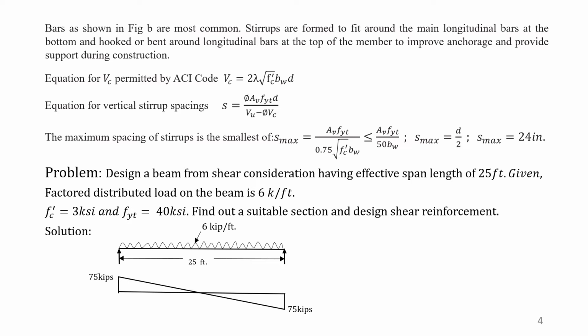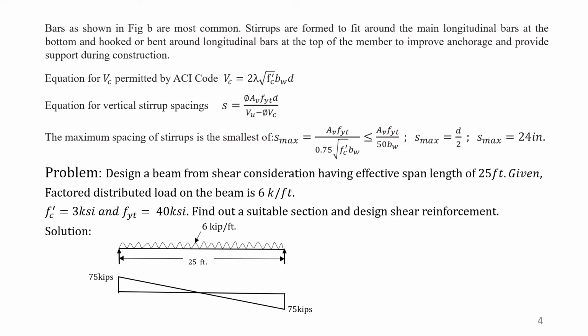And about the beam section, the concrete can take only VC equal to 2 lambda root over F prime C BW D. If we use this equation for finding out the section of the beam, then that will be a very big one.